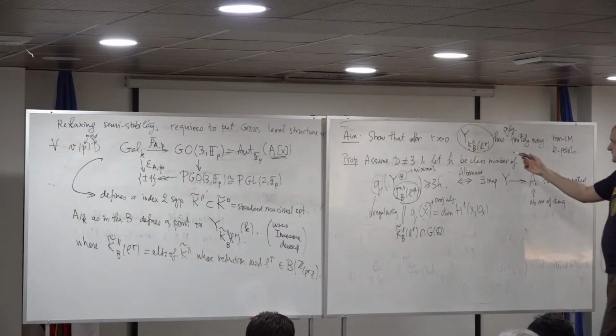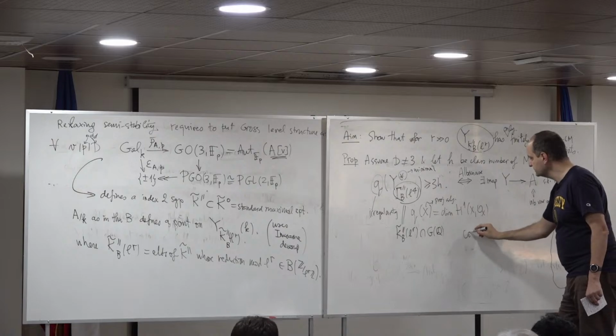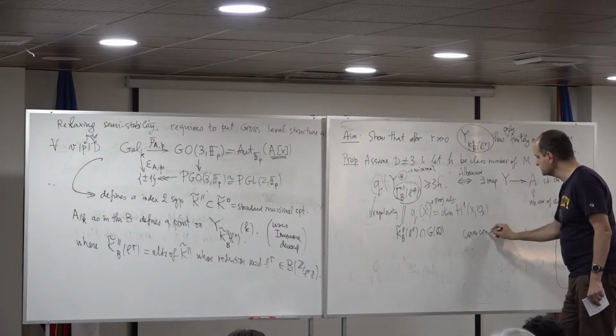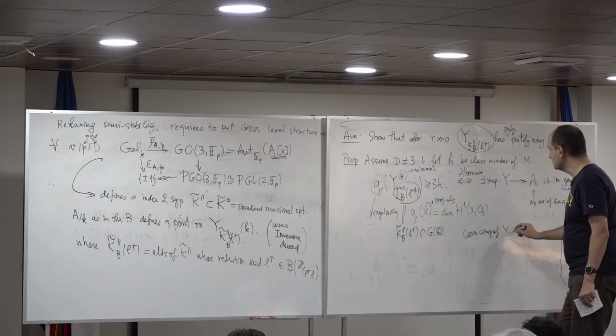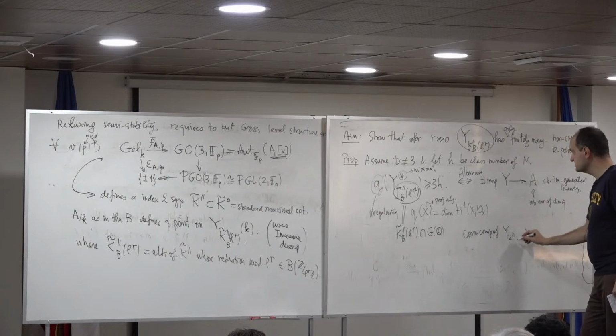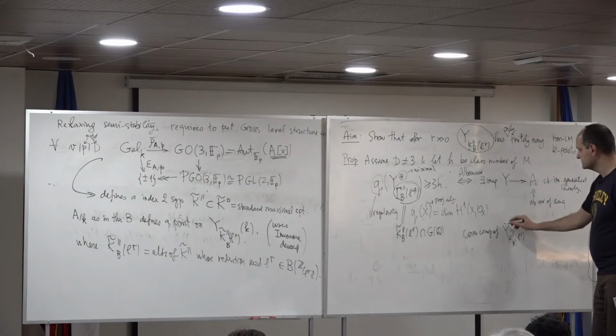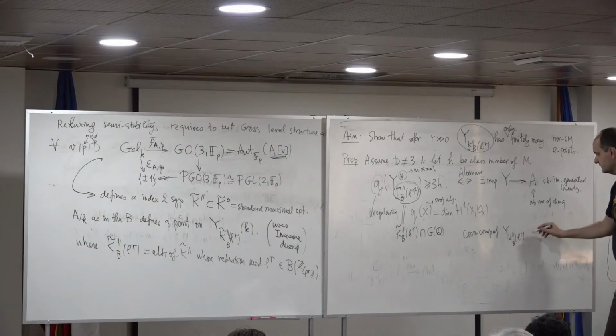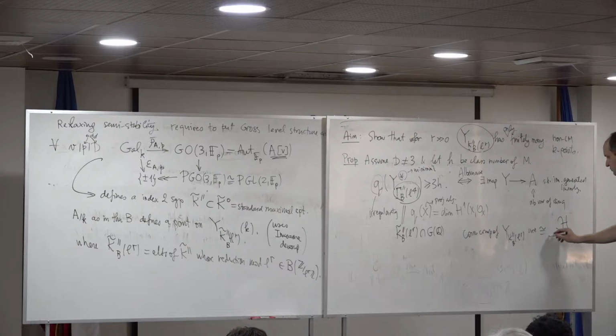The Shimura varieties are usually not connected, and the connected components of this are isomorphic to this Hermitian domain quotient by an arithmetic group, which I call gamma. I just keep the notation, I keep the decoration.